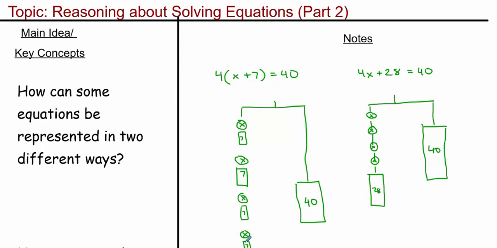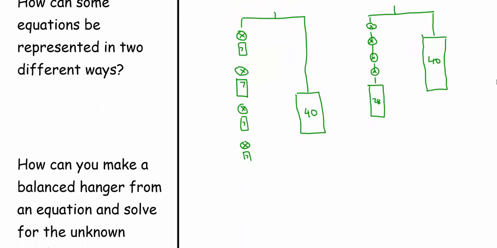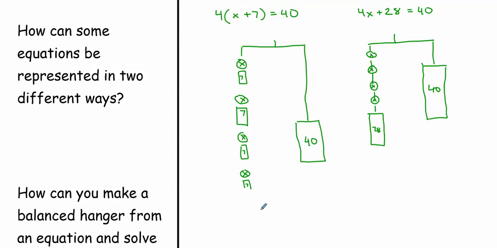So here we have our 4 7s, which is equal to 28, and we have our 4 x's, which is equal to 4x. So solving these looks a little bit different too.